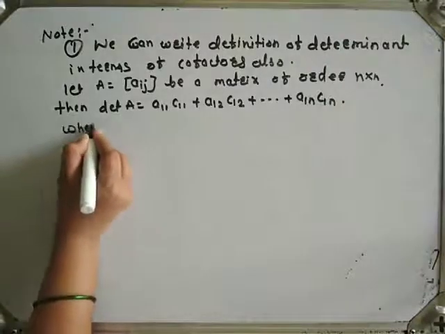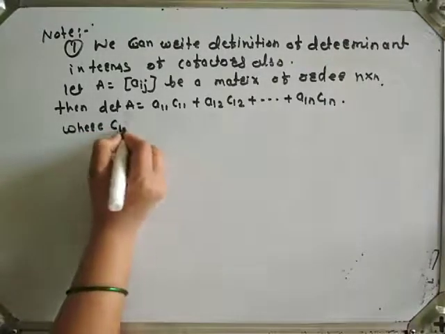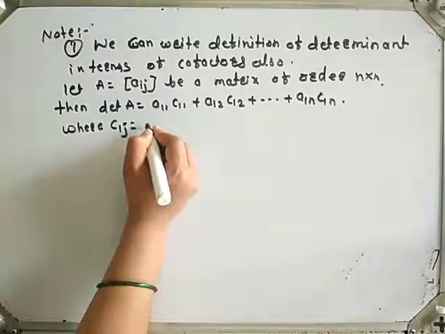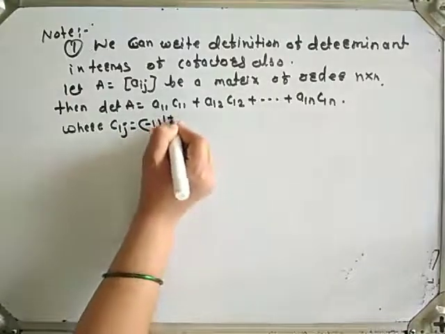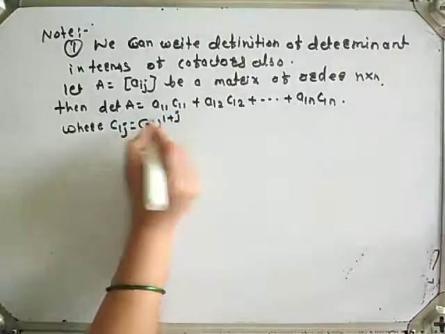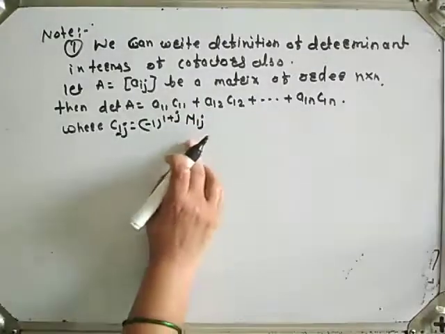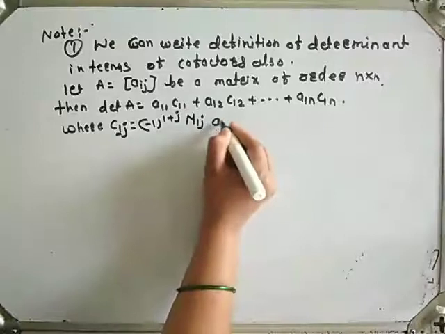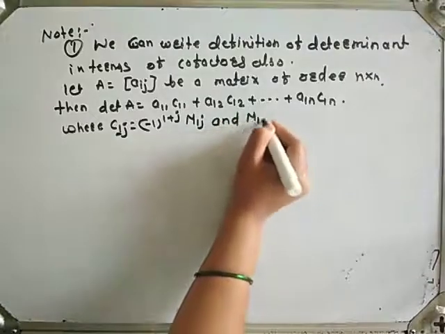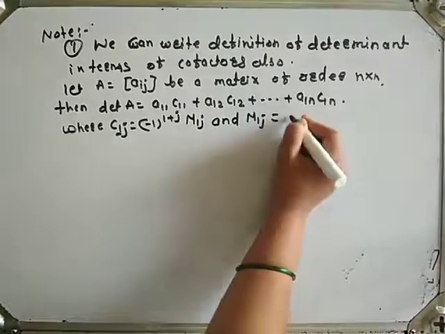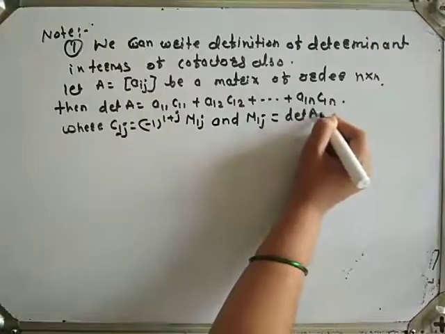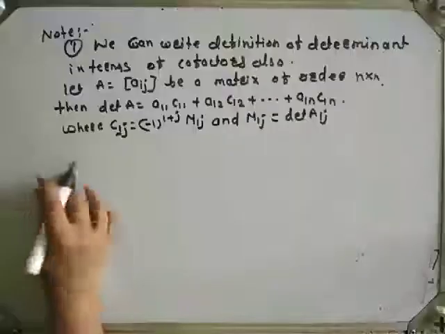where C1j is equal to (-1) raised to 1 plus j into M1j, because here i is equal to 1, and M1j is equal to the determinant of A1j. Okay.